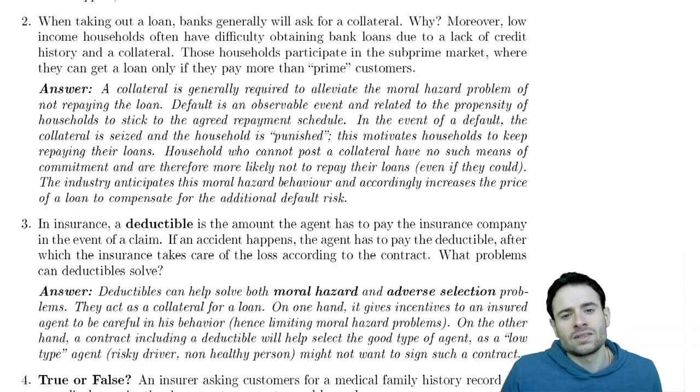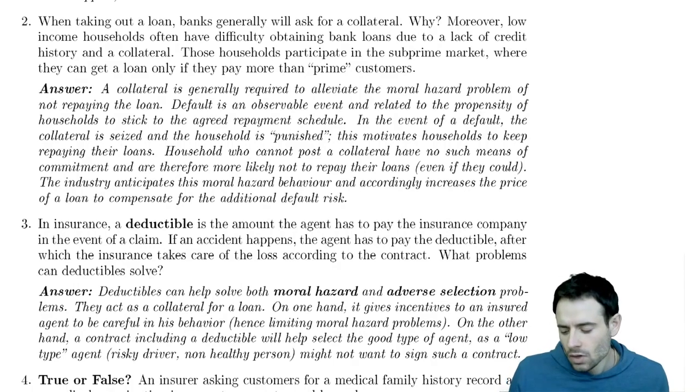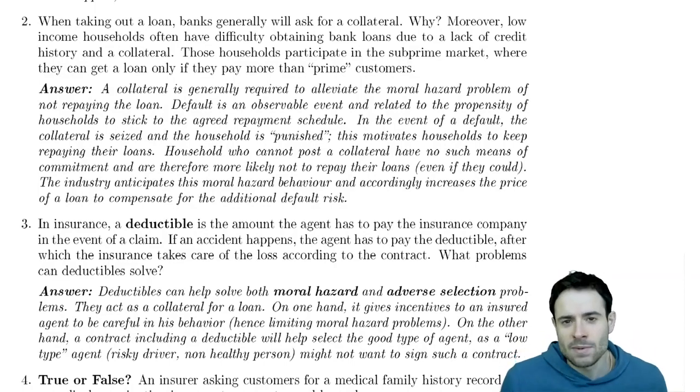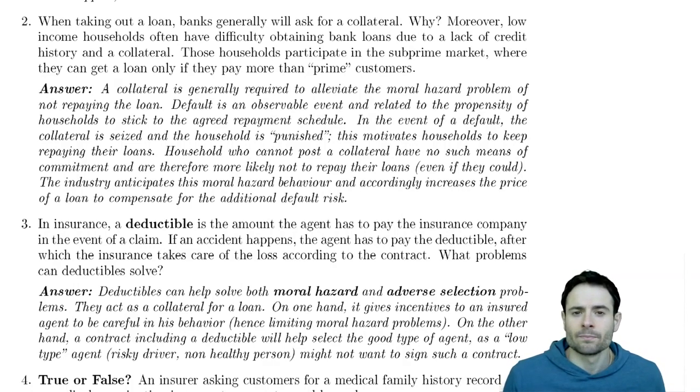So they might be more reluctant to accept an insurance contract. The deductible can be used to screen customers ex ante, to make sure only the okay types are going to accept the insurance contract. But it can also be used to limit moral hazard behaviors.